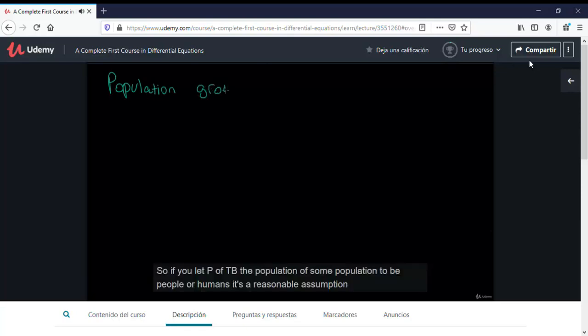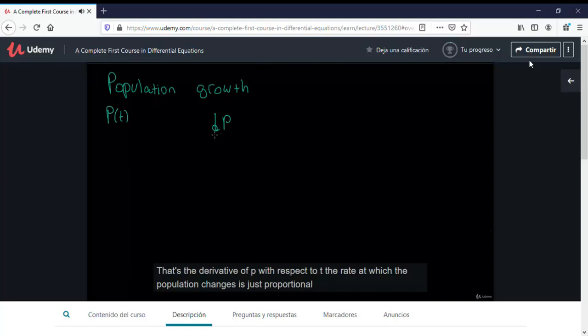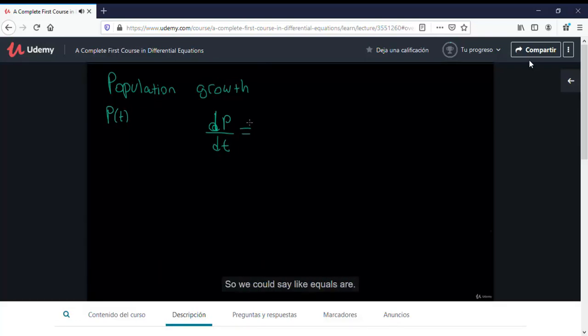Okay, so if we let P of t be the population of some population, could be people or humans, it's a reasonable assumption to assume that the rate at which the population changes, that's the derivative of P with respect to t, is just proportional to the actual population. So we could say it equals rP.